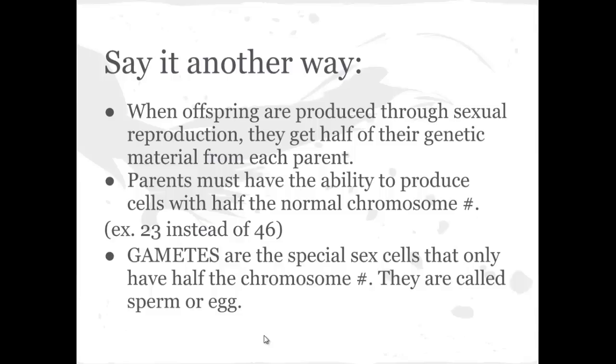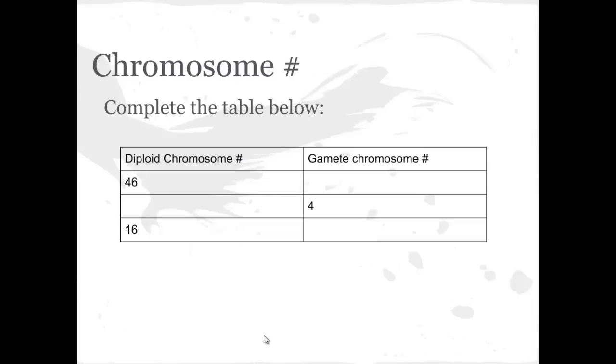In sexual reproduction, however, we're going to combine gametes. We're going to combine a sperm and an egg. So we need a process that can make cells that only have half of the normal chromosome number. And in sexual reproduction, instead of copying a chromosome number, we're going to combine 2 half chromosome numbers to make the whole chromosome number.